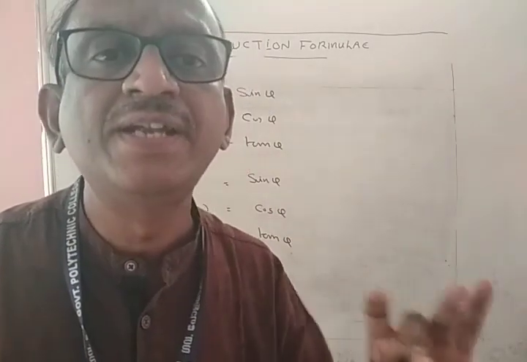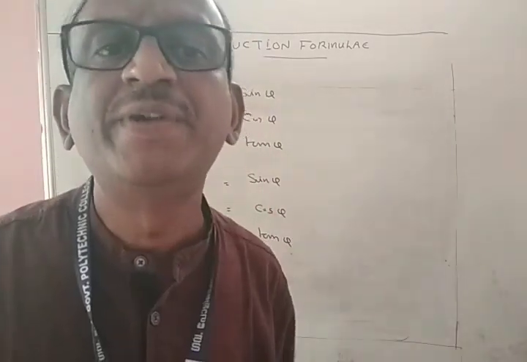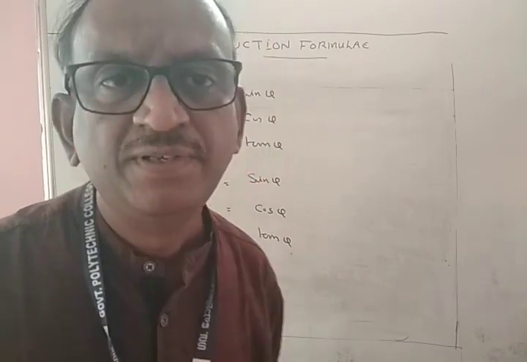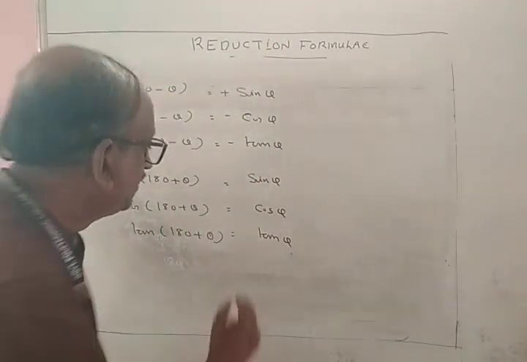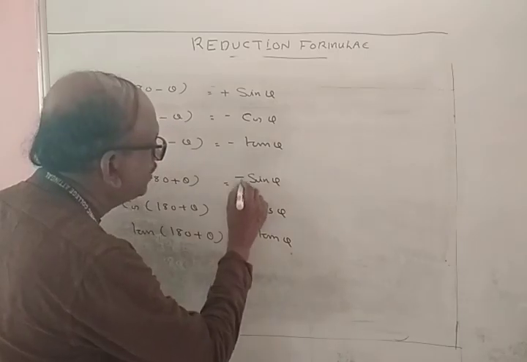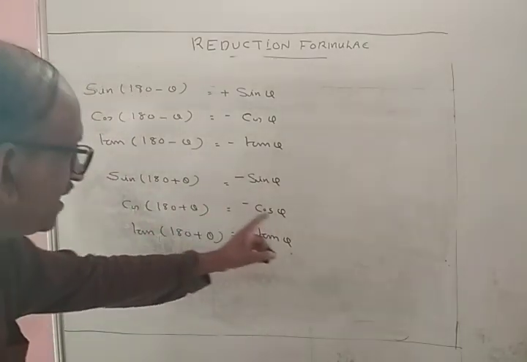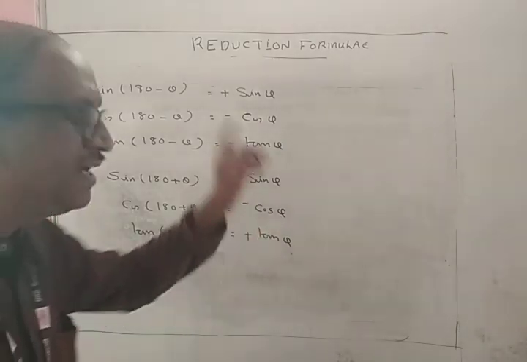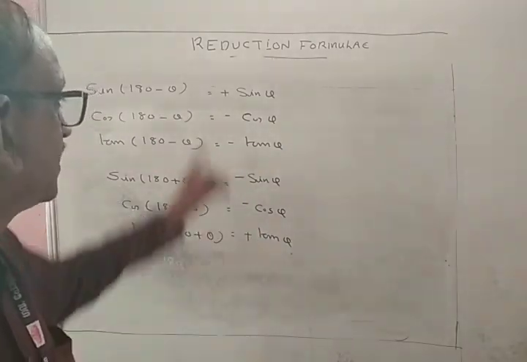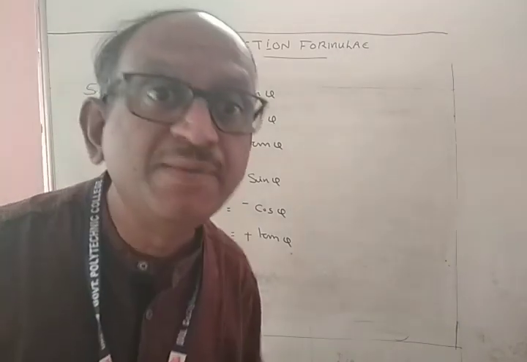In the third quadrant, tan is positive, all other trigonometric functions are negative. Therefore, tan is positive, these two negative. Therefore, sin 180 plus theta is minus sin theta, cos 180 plus theta is minus cos theta, tan 180 plus theta is plus tan theta. That's the formula for 180 minus theta and 180 plus theta.